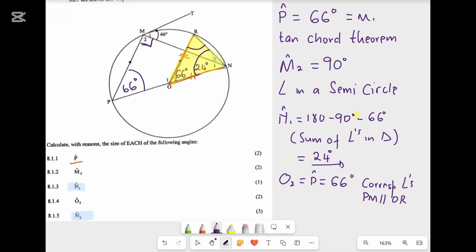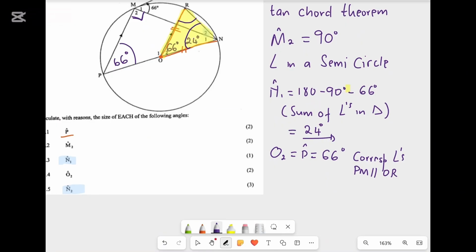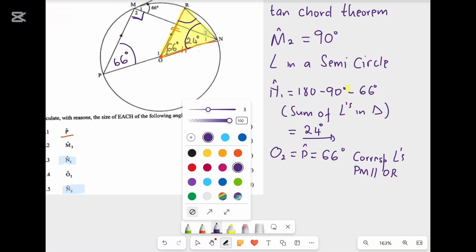So now we will say OR is equal to ON. Why? Radii. Okay.